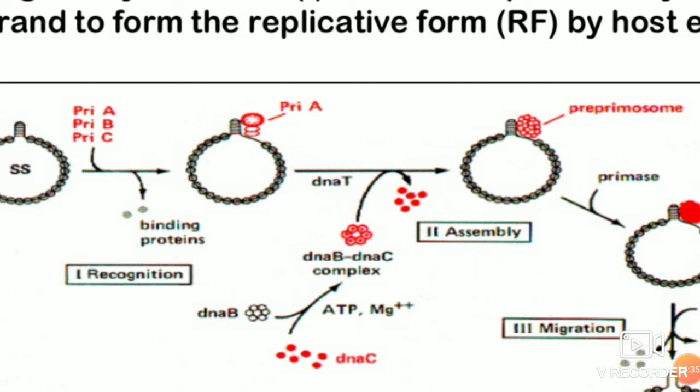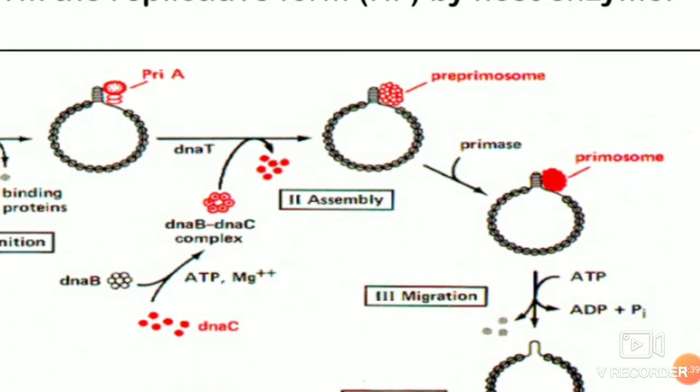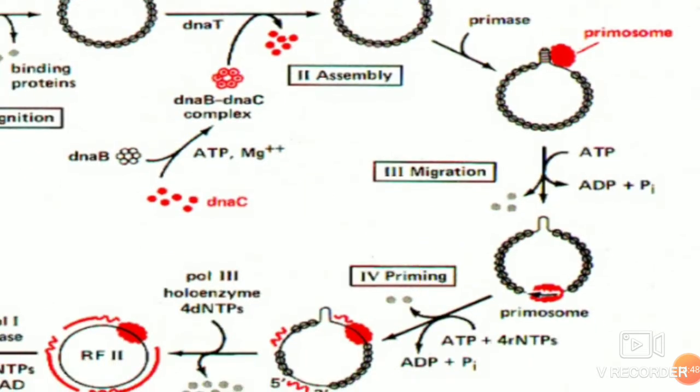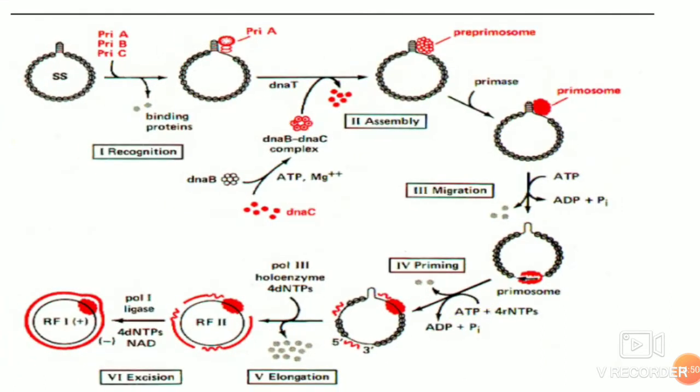After that, the core components of the primosome get assembled, including DnaT. You have the assembly of the primosome, then you have multiple priming. With the help of energy, this primosome moves along the single strand circular genome, and it starts priming.